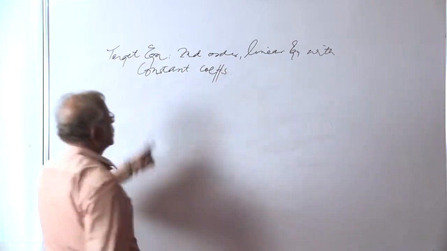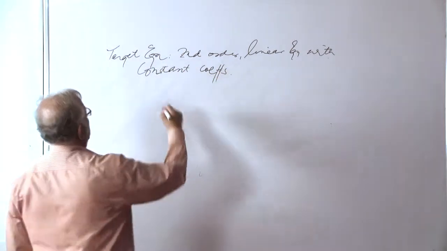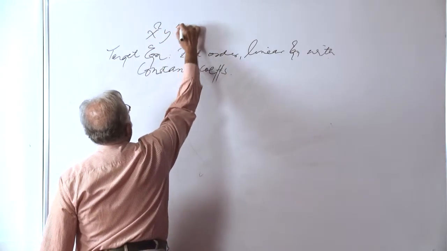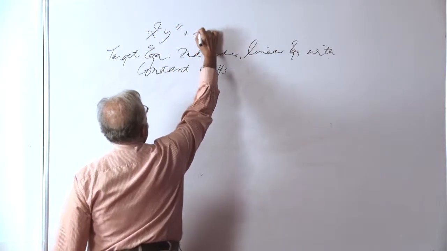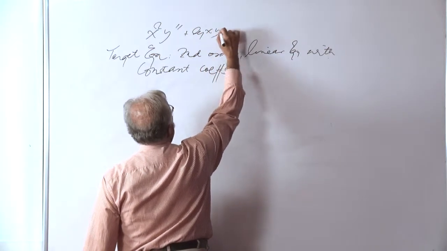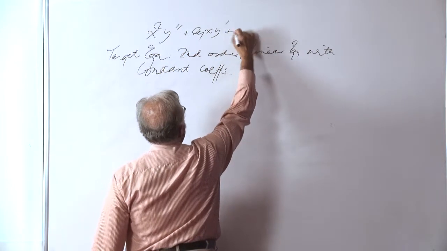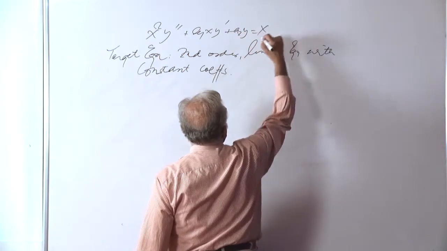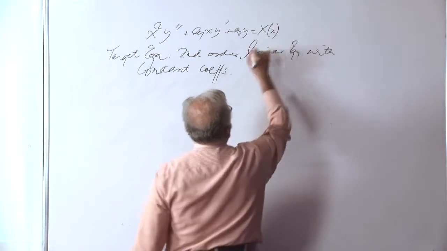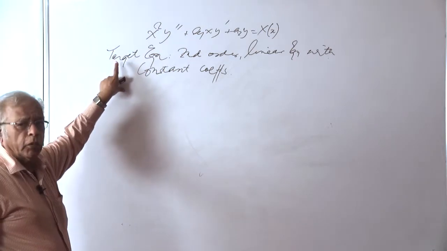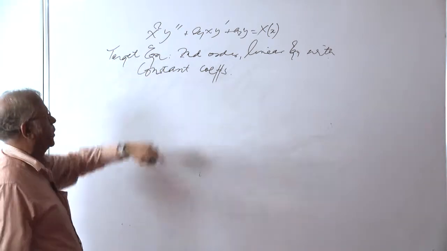So we put the equation once again on top. The original equation is x square y double prime plus a1 x y prime plus a2 y is a function of x. We can use the D operator to denote this equation in a slightly different way.